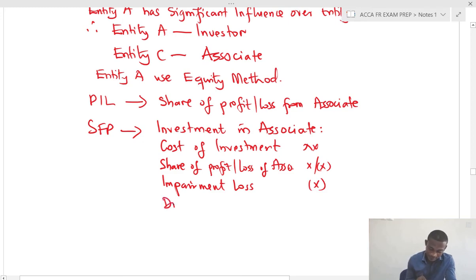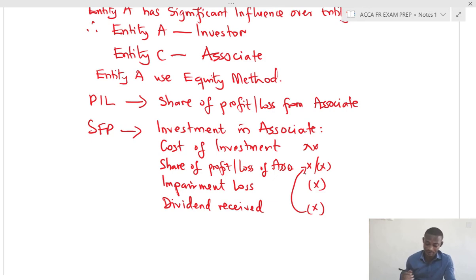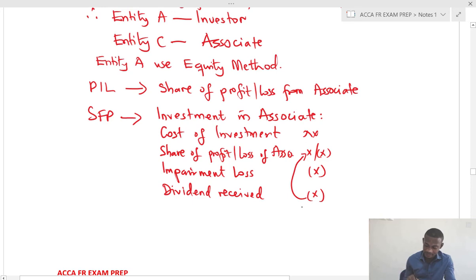And if the associate pays dividend, the dividend received will also be deducted. Now note that the dividend will be paid from profit. So if we do not deduct the dividend, that will be double accounting. So we deduct that, and the net figure will give us the investment in associates.